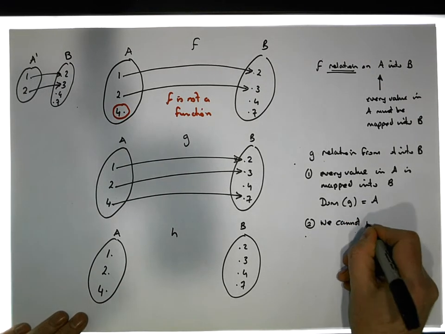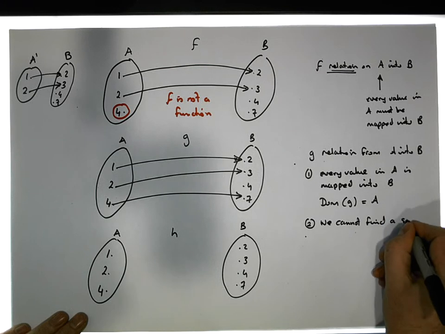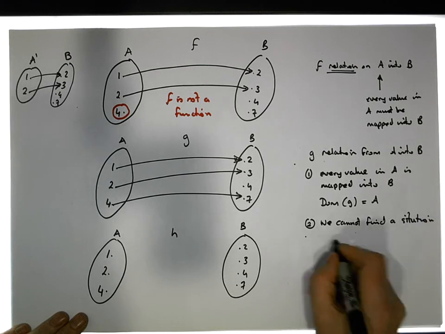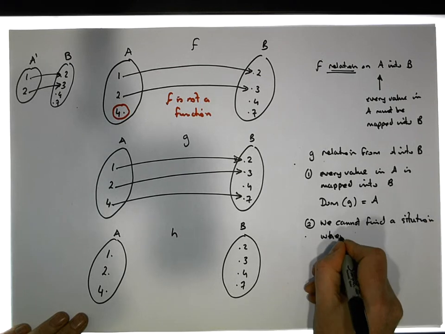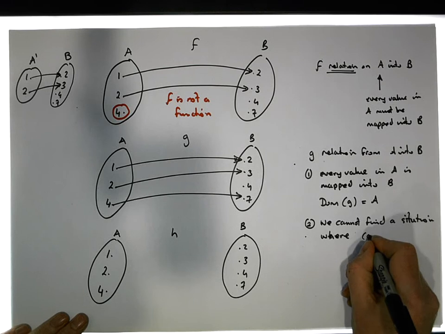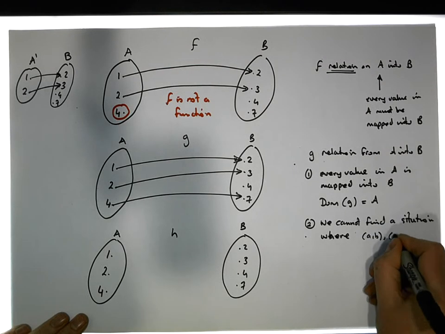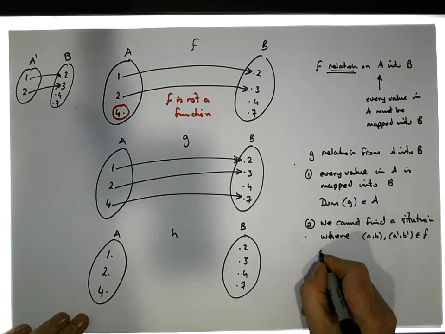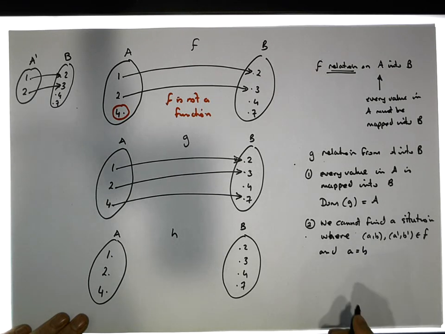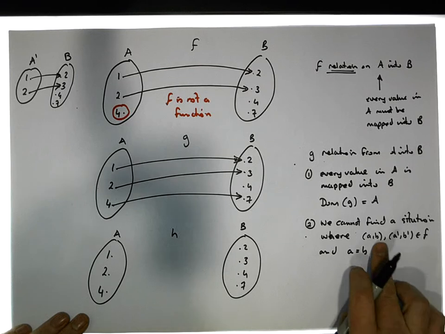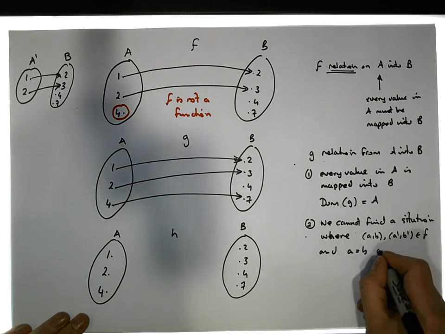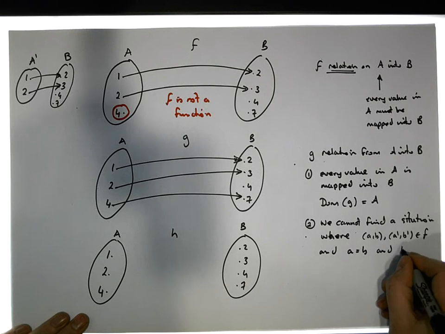So in this case we cannot find a situation where we have an A and B, and an A prime and a B prime, that are elements of F, and A is equal to A prime, but B is not equal to B prime.